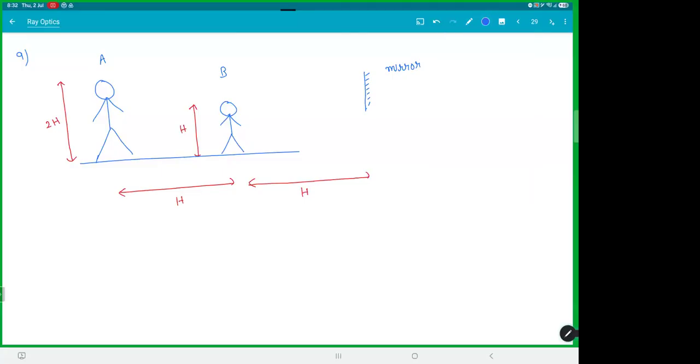So the question is, this person B is looking into the mirror. So find the minimum length of the mirror if B can see himself and A completely.